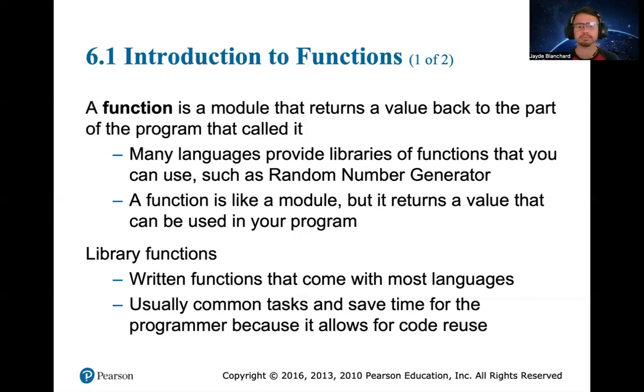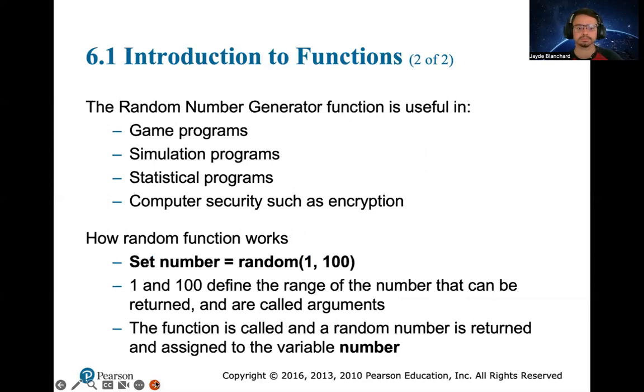And you can import those functions into your program and you can use them. There are a couple of examples, such as the random number generator, and I will show you an example of that in Python when we get to it. But again, library functions also exist in Python and in Java.